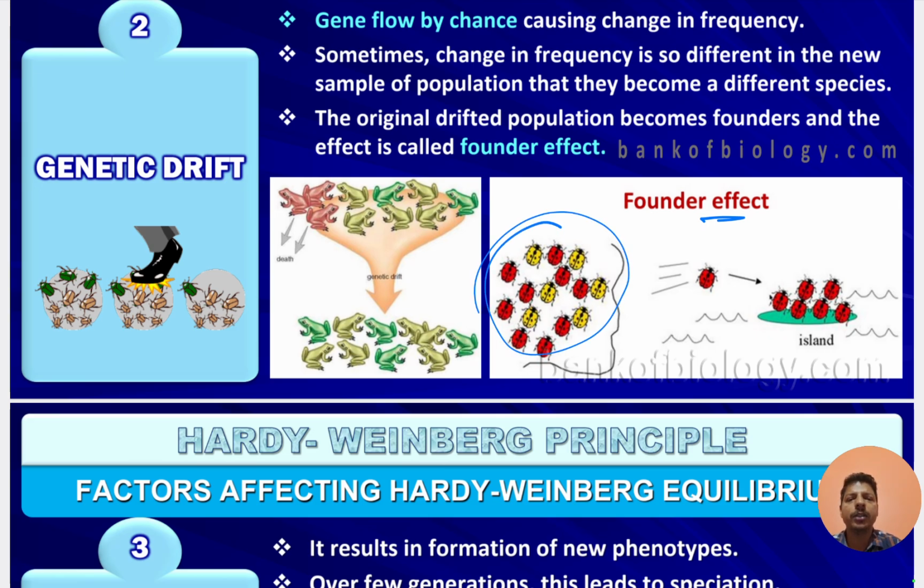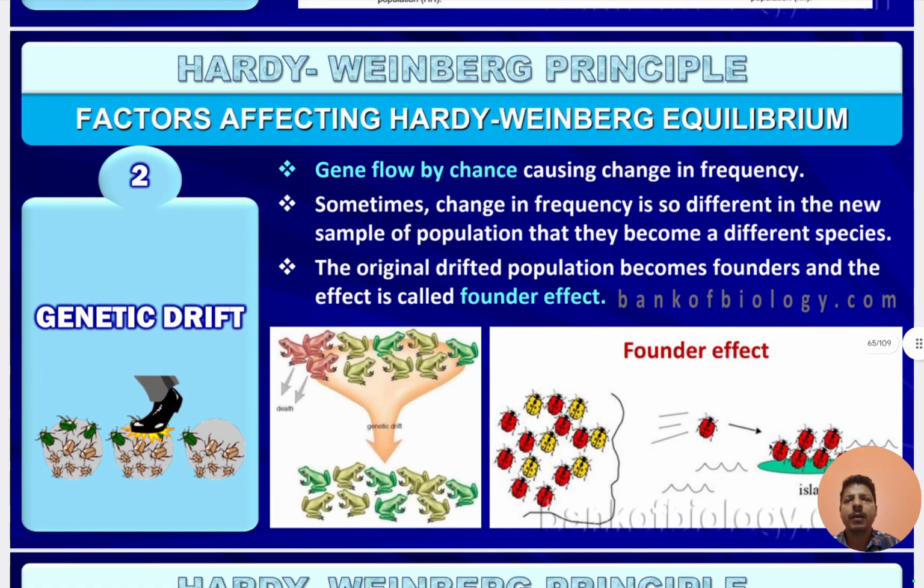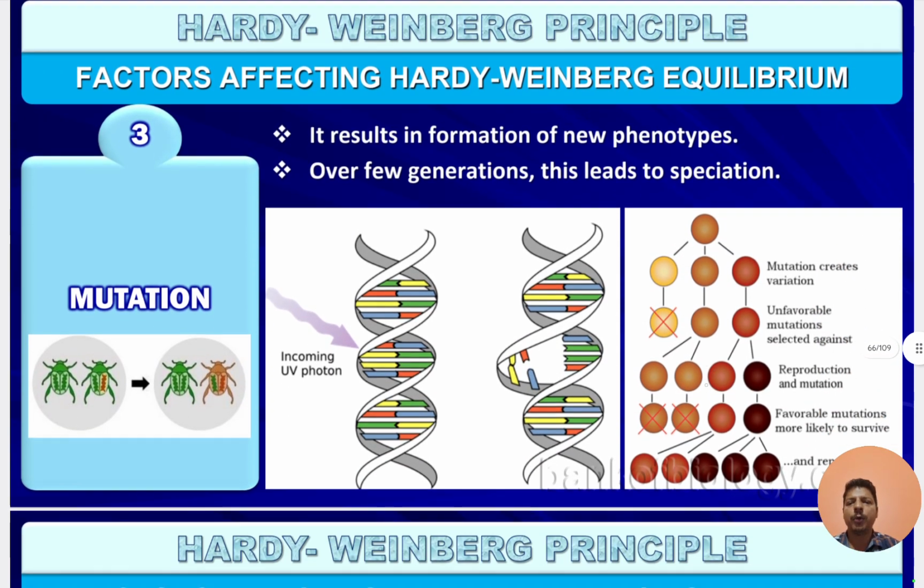It is a growth of some insects, like green and yellow beetles. The green beetle comes out and goes to a particular island where only green beetles are found. That is called founder's effect. This also affects the Hardy-Weinberg principle.